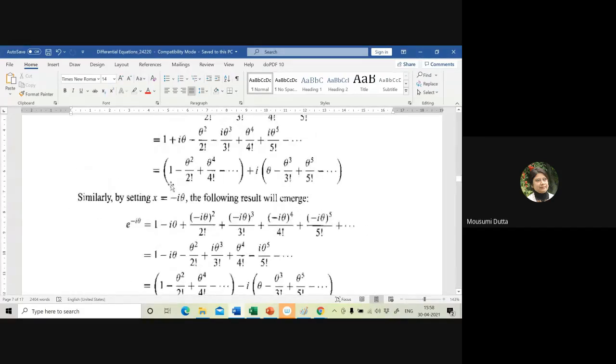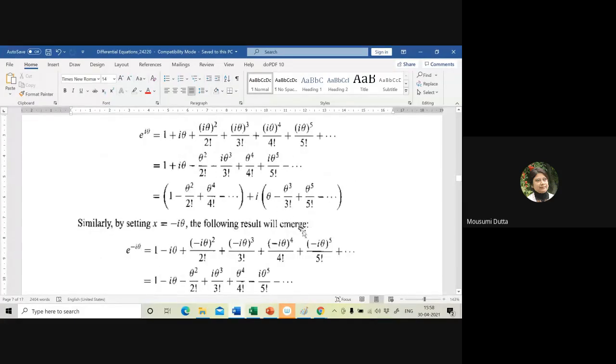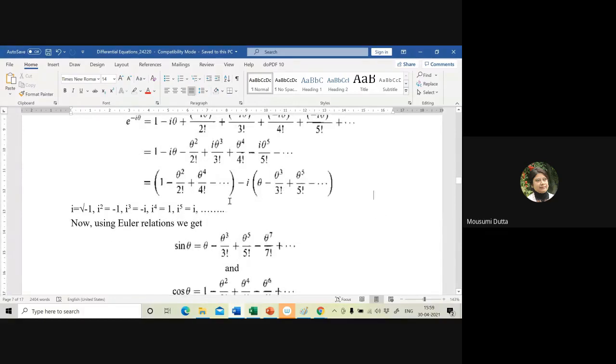And from this expression, cos theta plus i sin theta. Sine comes with this part, cos theta comes with this part. So this is cos theta plus i sin theta, and this is cos theta minus i sin theta.